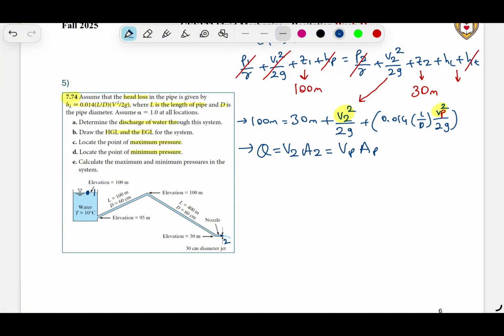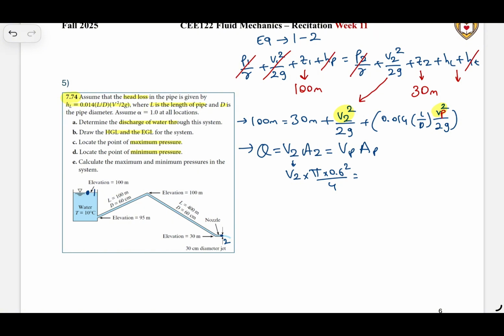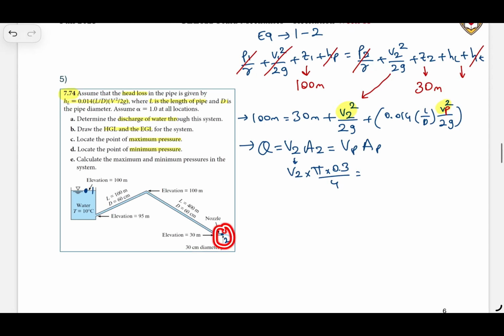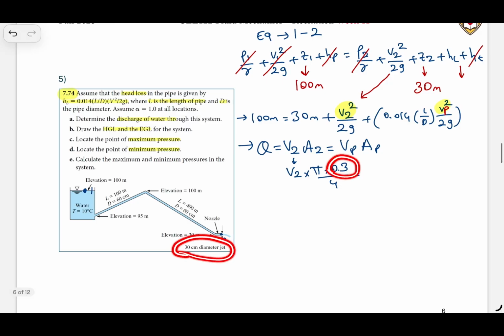Between these two equations, we don't know either of them, but V2 times pi 0.3 square over 4. The area of this exit is 30 centimeters diameter, so we are using 0.3.